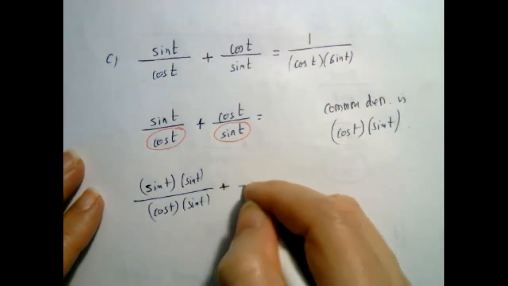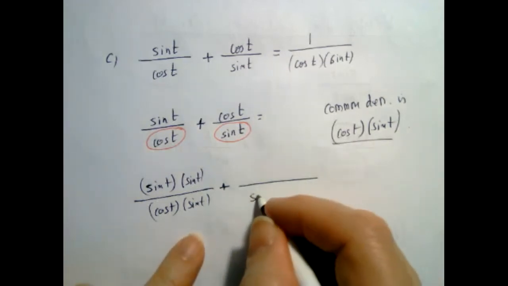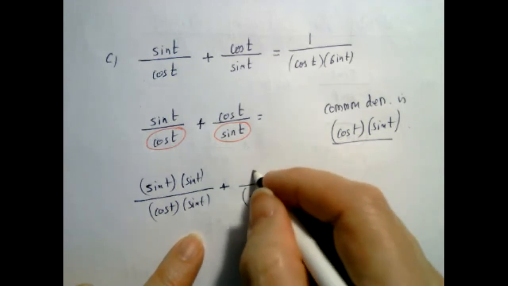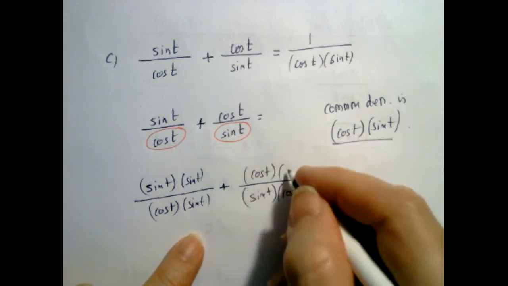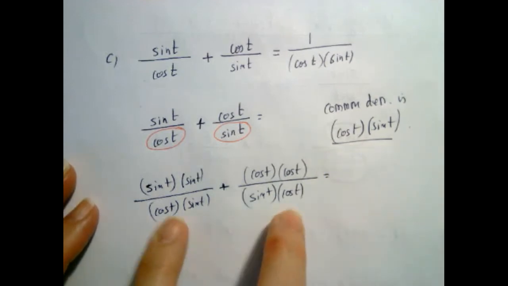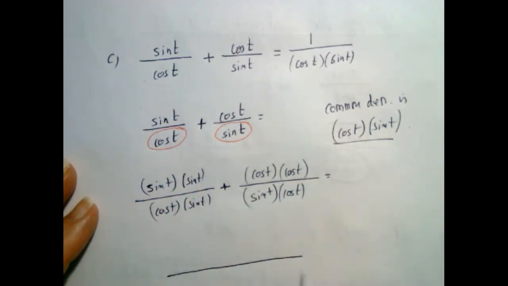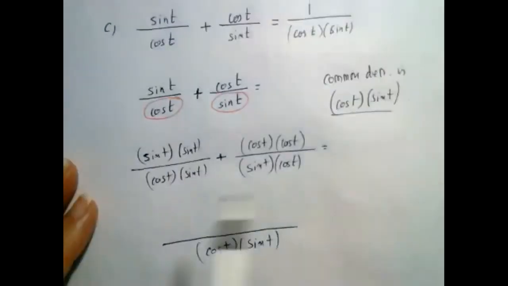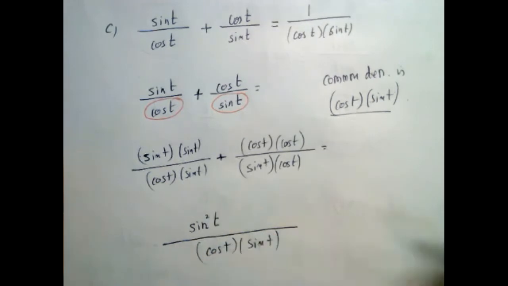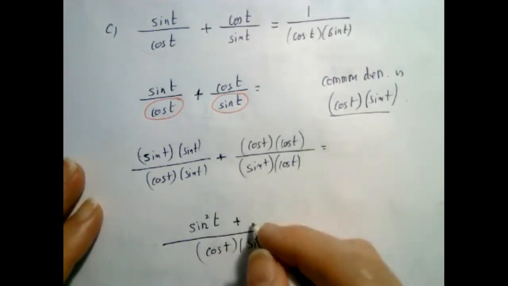Plus, the common denominator is the sine times the cosine, so I have to multiply the top by cosine. Now, the goal of the common denominator is to be able to combine the numerator. So now I'm going to combine the numerator. That's cosine, and that's the sine, and I'm going to combine sine times sine, and that's the notation. It means sine squared plus cosine squared.